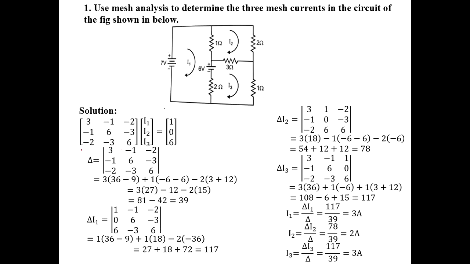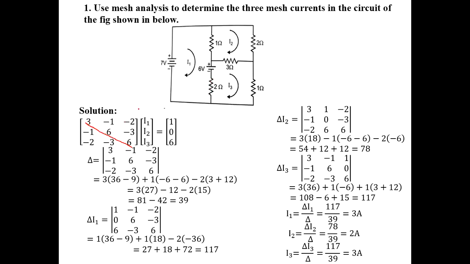First, we have to write the R values. First fill the diagonal values. This is the place of A11. For A11, consider the first loop alone and add all the resistors. Here the resistors are 1 plus 2, the value is 3.